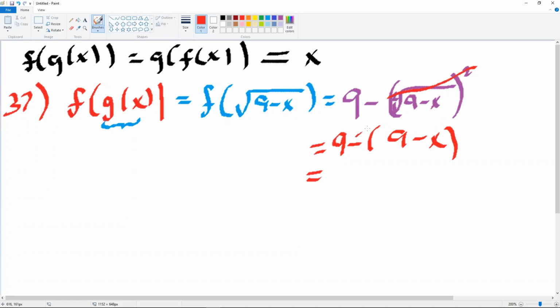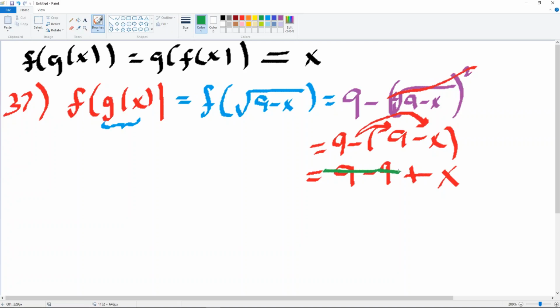Distribute, and you get 9 minus 9 plus x, and what cancels out? 9 minus 9. Right, leaving you with x.